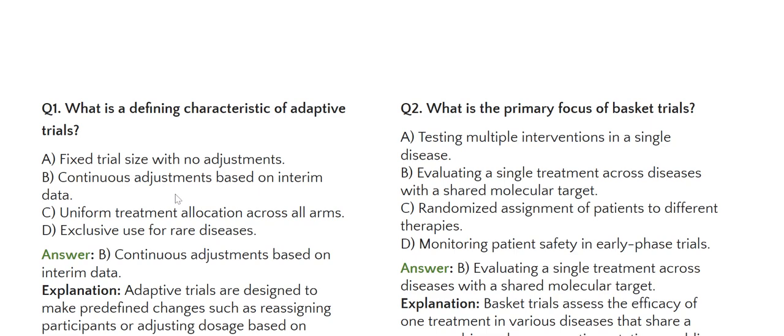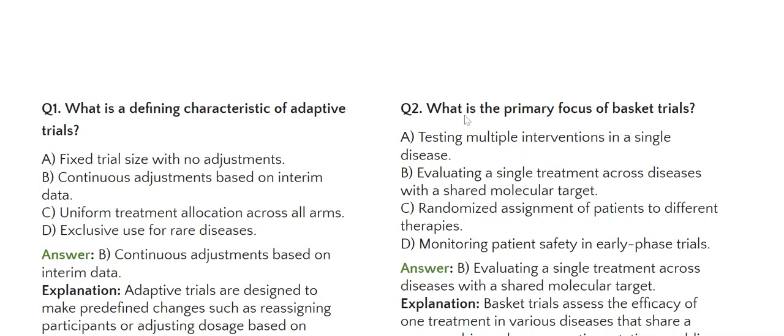So definitely it's B, as it is flexible, able to adjust, cope, and modify easily. B is the answer. Adaptive trials are designed to make predefined changes such as reassigning participants or adjusting dosage based on interim data analysis, improving efficiency and responsiveness during the trial.